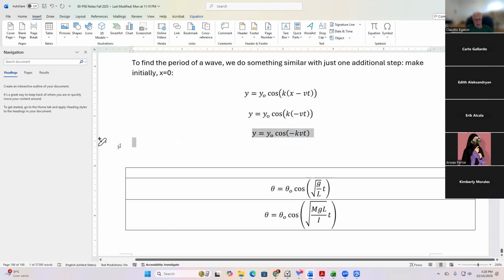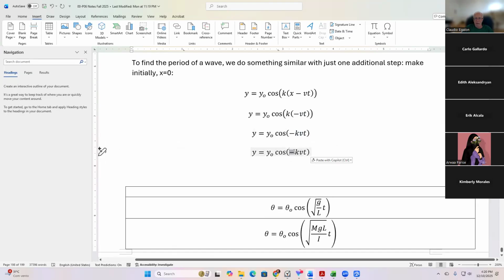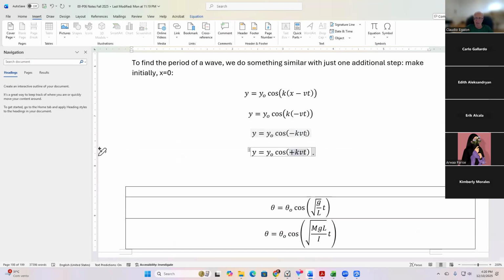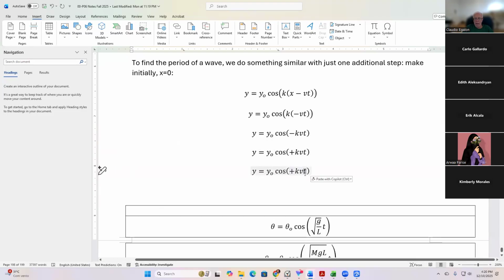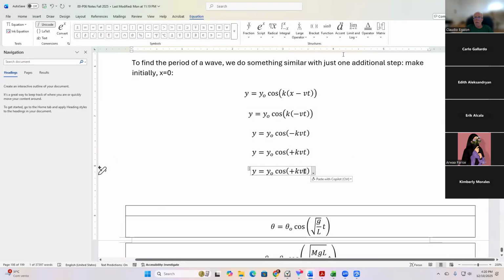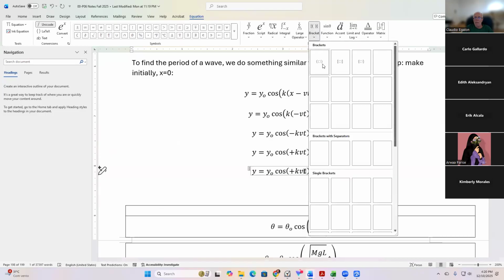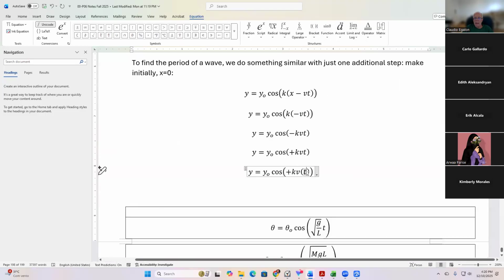But cosine of minus kVt is equal to cosine of plus kVt. No big deal here, you know that from regular trigonometry. And now to find the period, this equation here must be equal to this other equation here.